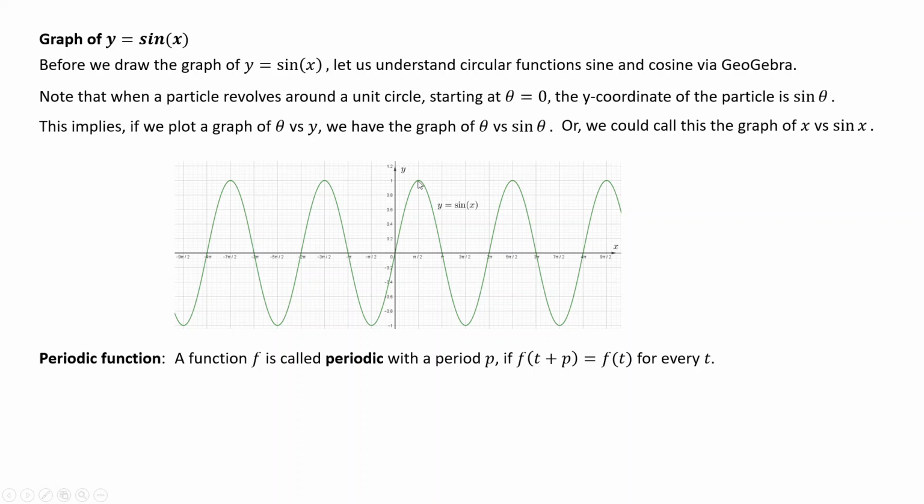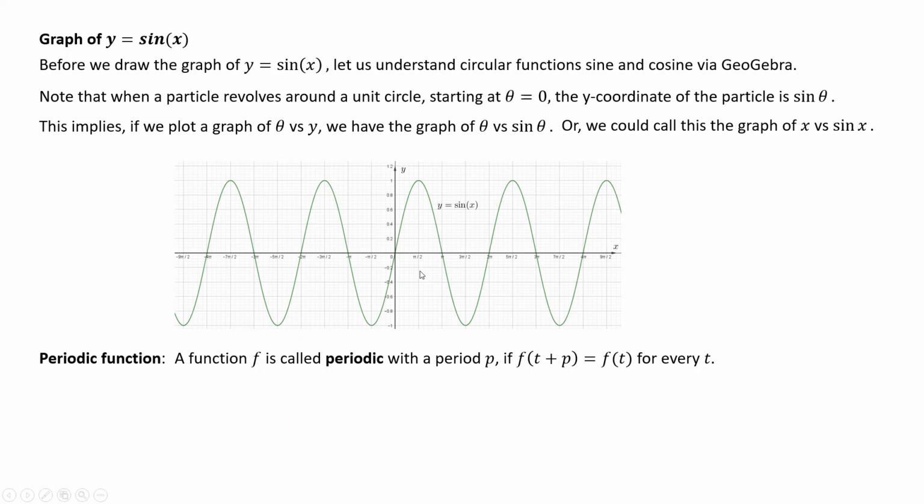Suppose I add 2 pi to pi half. 2 pi plus pi half is 5 pi halves. At 5 pi halves, does the sine have the exact same value as it did at x equals pi half? Yep, it did.